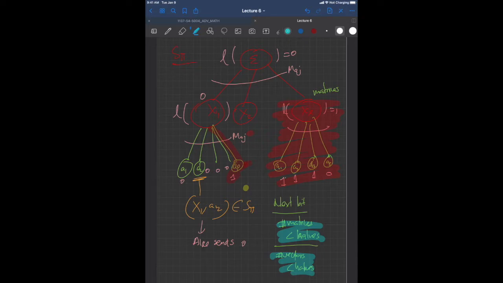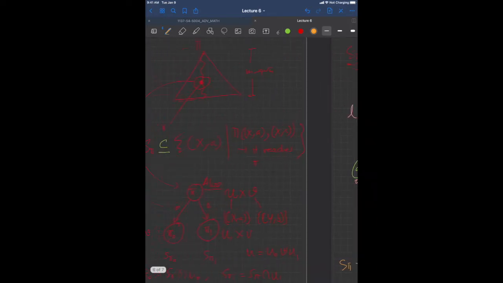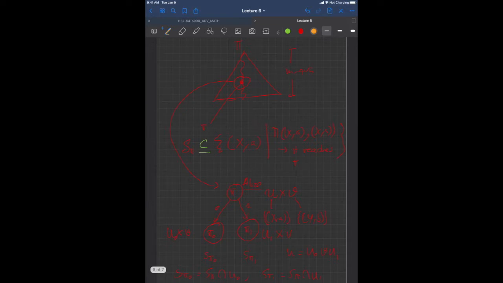So in this case, we would go from s pi to s pi 0. We visualized s pi as this tree, and then we go from s pi to s pi 0, where s pi 0 is this carefully chosen set. Okay, so now it is clear that this is not the set of all possible XA pairs. This is where I said it's important that we are not giving all possible XA pairs at this node to s pi 0.